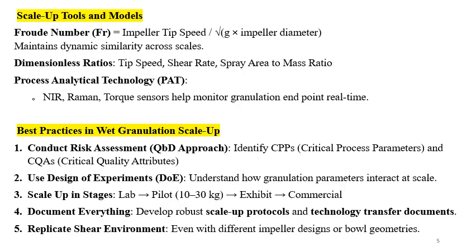Now coming to the best practices in wet granulation scale up. Always conduct a risk assessment through the QbD approach, identify the CPPs, critical process parameters, and CQAs, critical quality attributes, for the granulation. Use DOE to understand how granulation parameters interact at scale. Scale up stages: lab to pilot, pilot to exhibit, then exhibit to commercial.